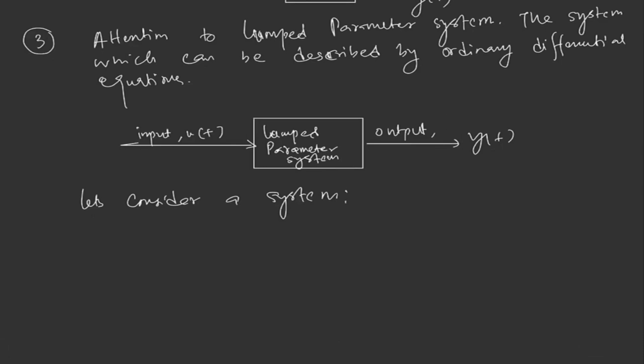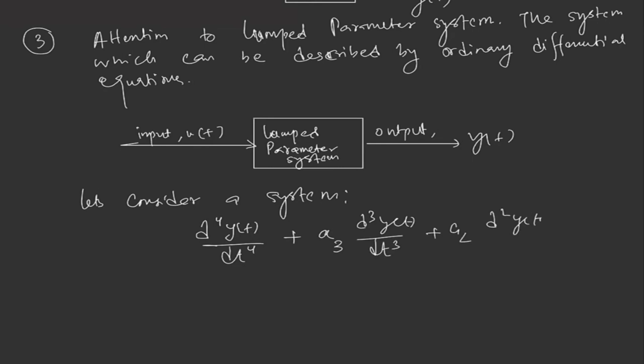So let me write d4y of t by dt4 plus a3 d3y of t by dt cube plus a2 d square y of t by dt square plus a1 dy by dt plus a0 y of t equal to u of t.